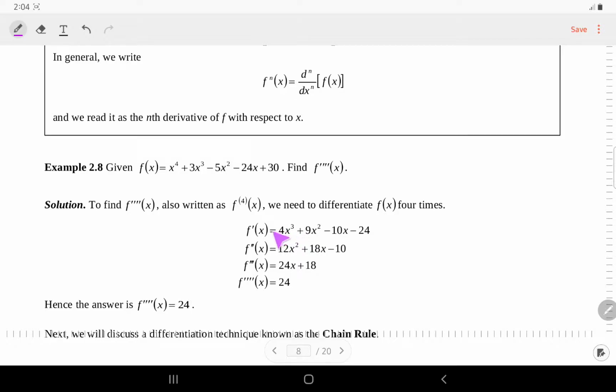Differentiate it twice and we get 12x squared plus 18x minus 10. Differentiate it again and we get 24x plus 18, and again we get 24. So the answer will be 24.